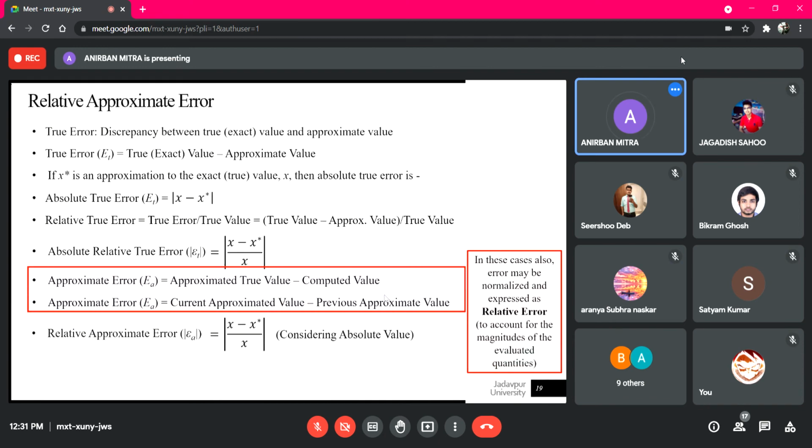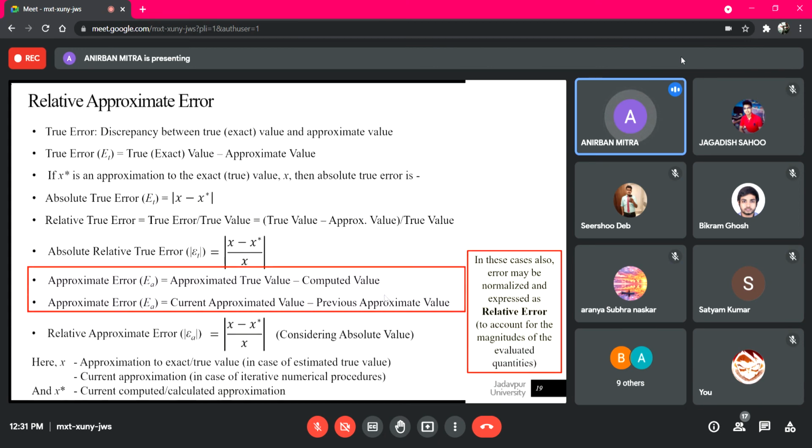So here x and x star are as follows. x is the approximation to the exact or true value in case of estimated true value, or it is the current approximation value in case we are considering a numerical procedure.